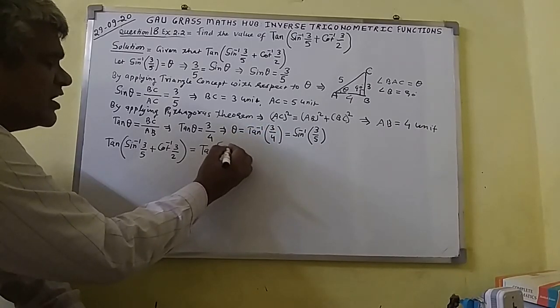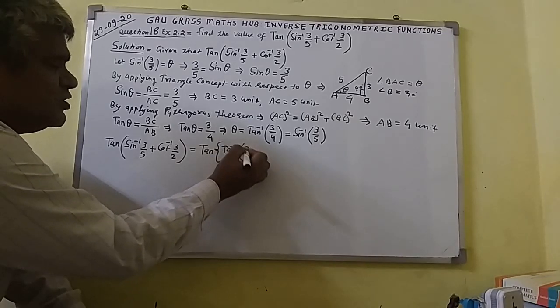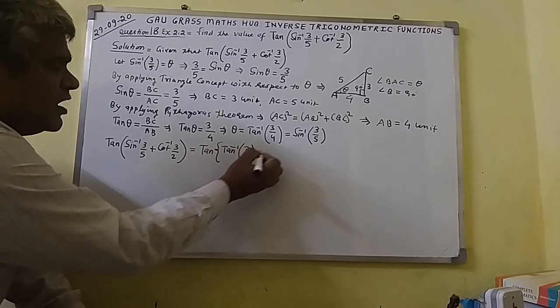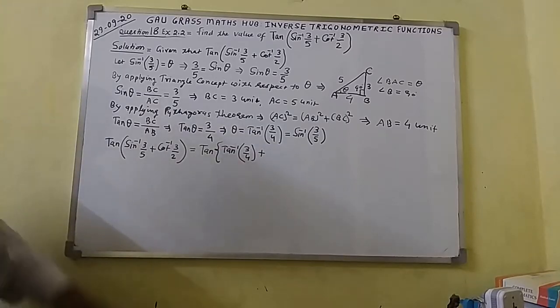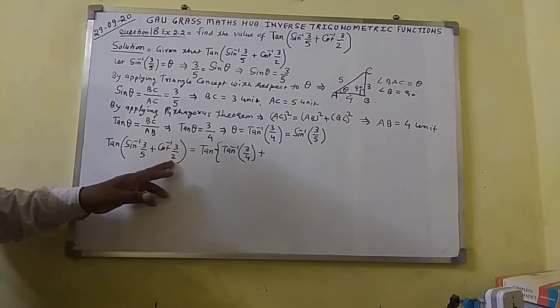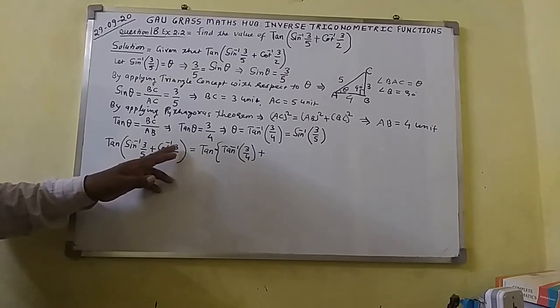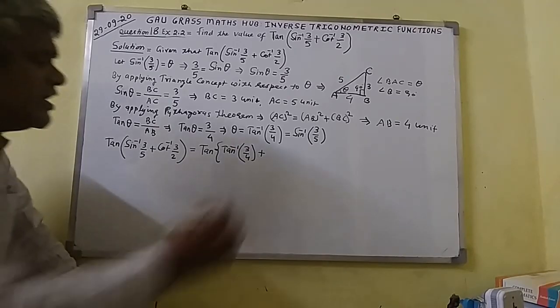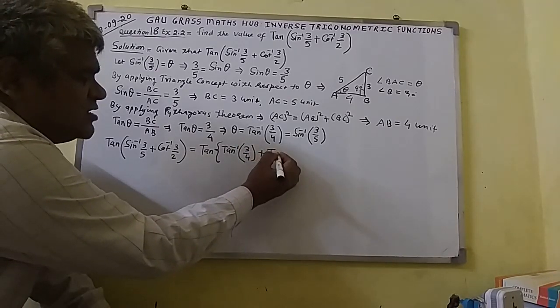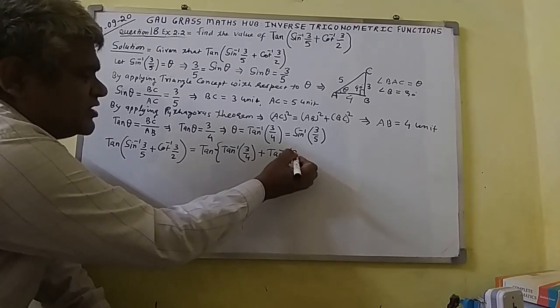So here I shall write tan inverse 3 over 4 plus, here cot inverse 3 over 2 is there. So in place of cot inverse 3 over 2 I can write tan inverse 2 over 3.